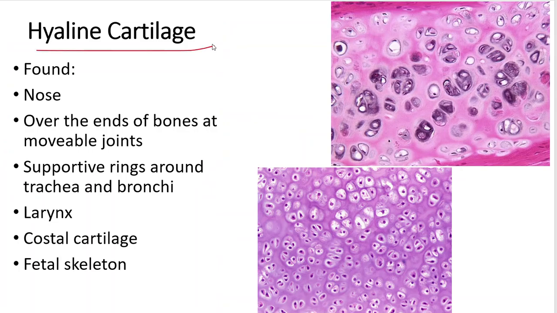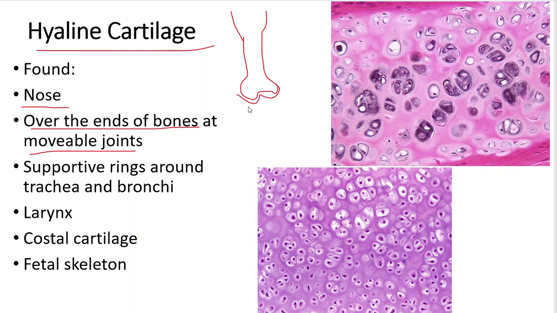Okay, guys, so now we go to the next type of connective tissue, which is cartilage. The tip of your nose is made of hyaline cartilage. The ends of the bones at your joints that move. If you've ever had a fried chicken leg, the white stuff that you see on the end right there is hyaline cartilage.